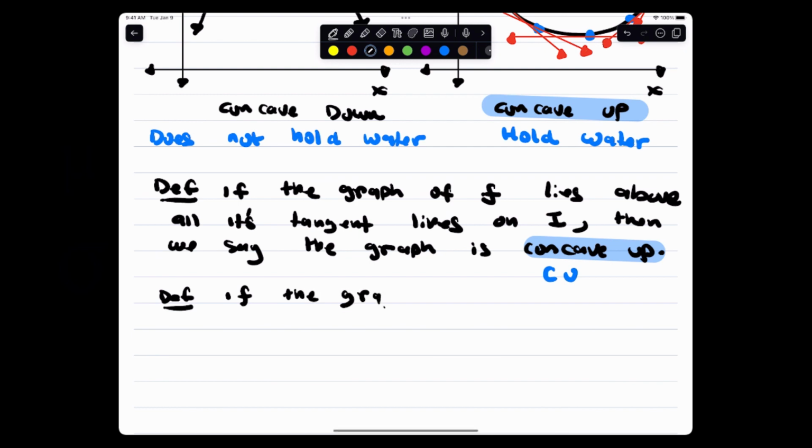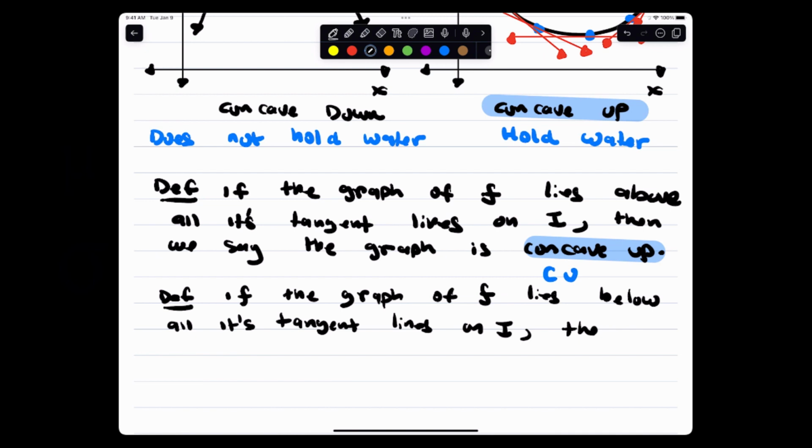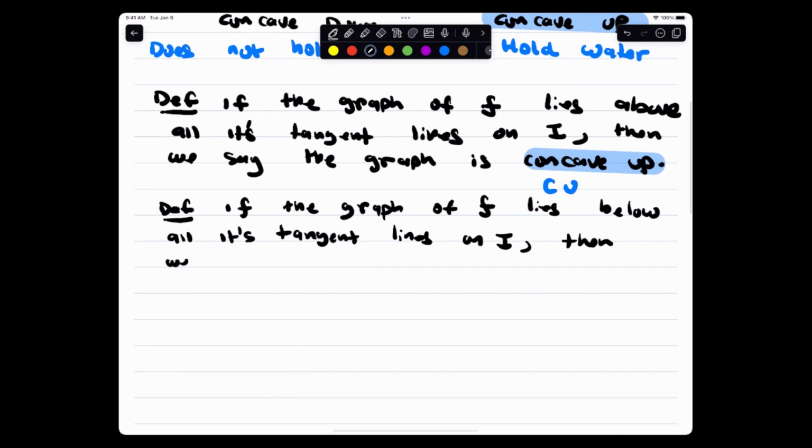If the graph of f lies below all its tangent lines on an interval I, then we say the graph is concave down. Okay, CD for concave down.